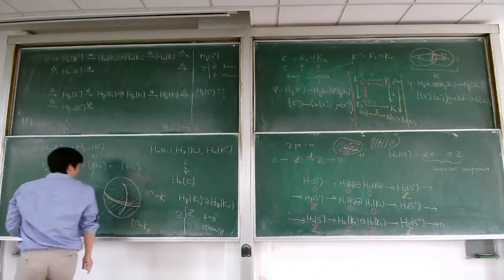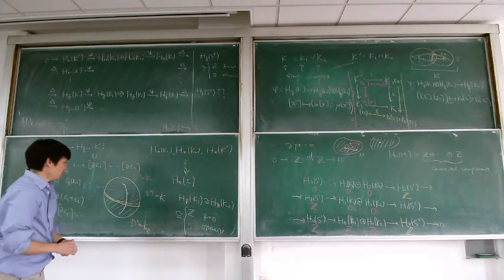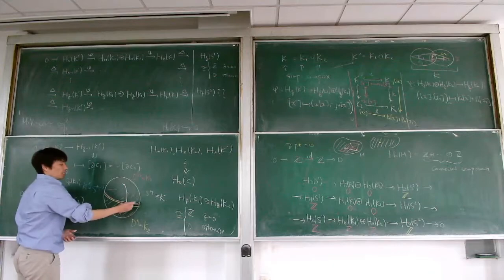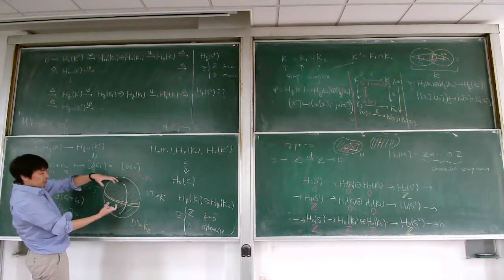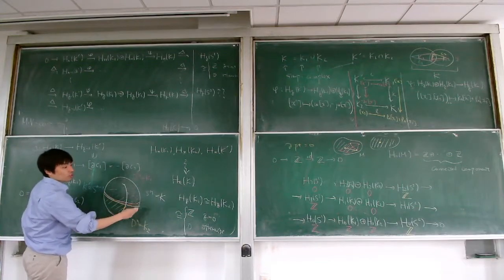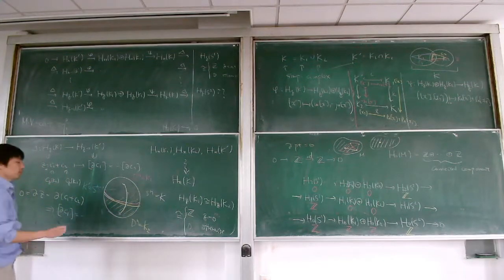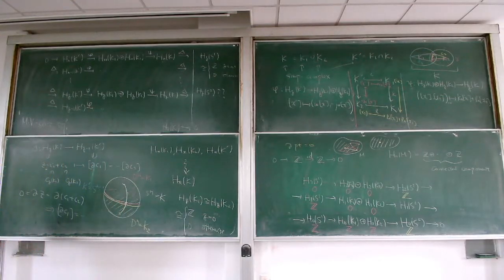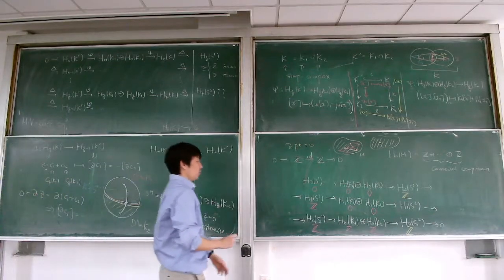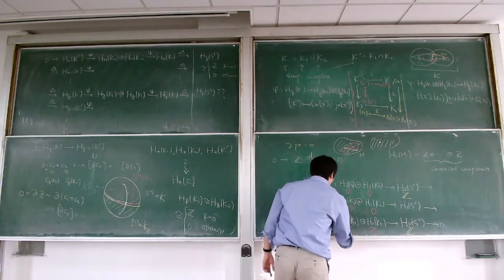And there is this boundary. The intersection is S1, and there's a point here, and a point here, and this is indeed an inclusion.